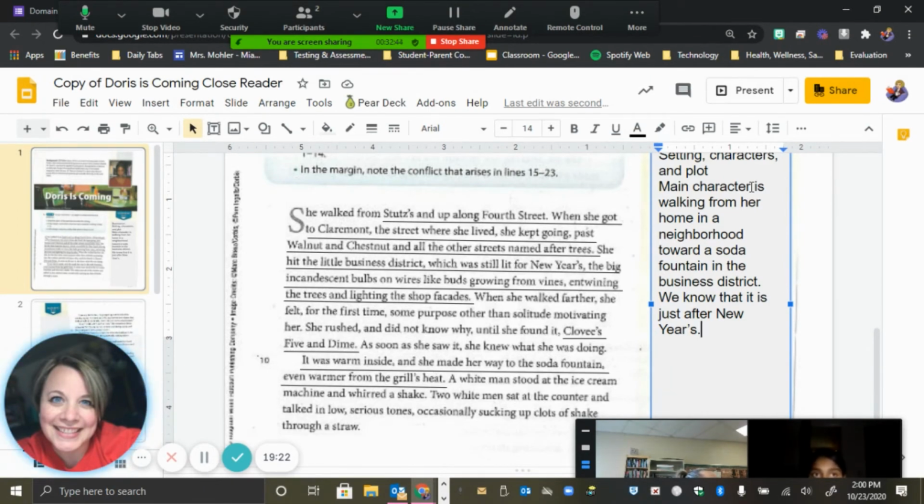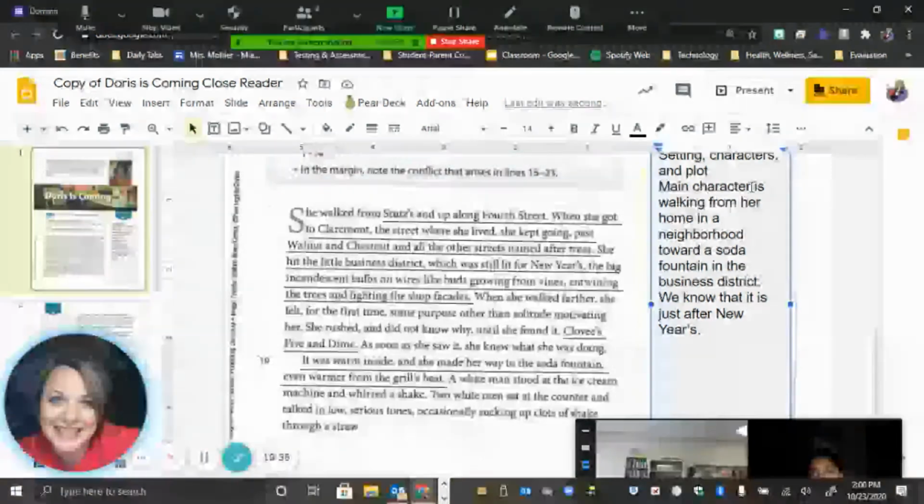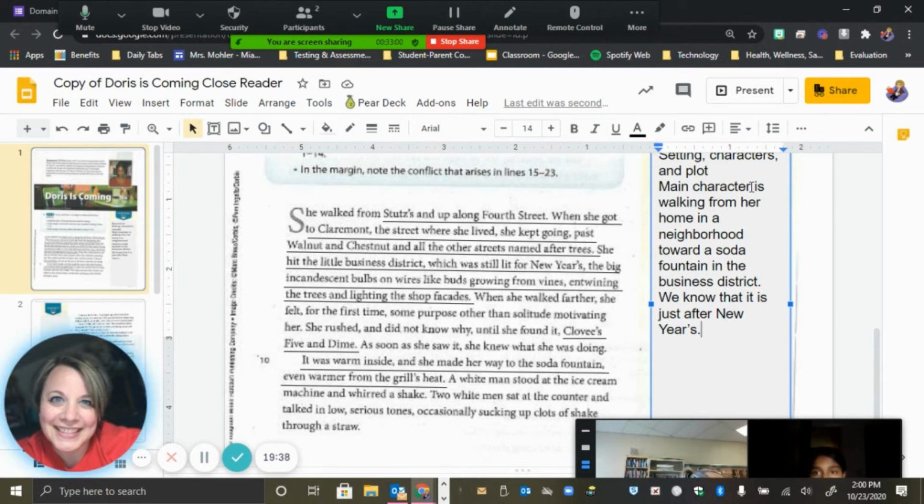Did we talk about setting, characters, and plot? Did we talk about the setting? Absolutely. Did we talk about the plot? Yeah, what we know. And we don't know who she is yet. So we can't really identify, but we did talk about the main character and what the main character is doing. So did we meet our requirement?